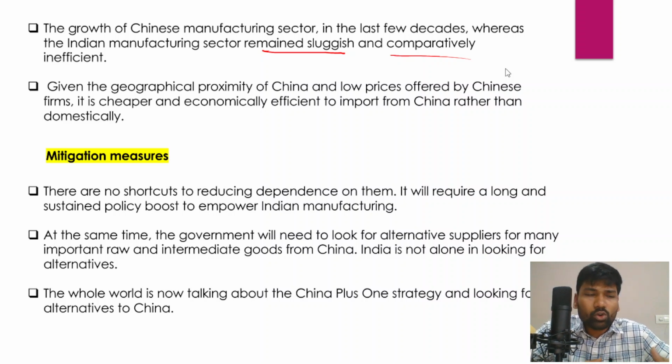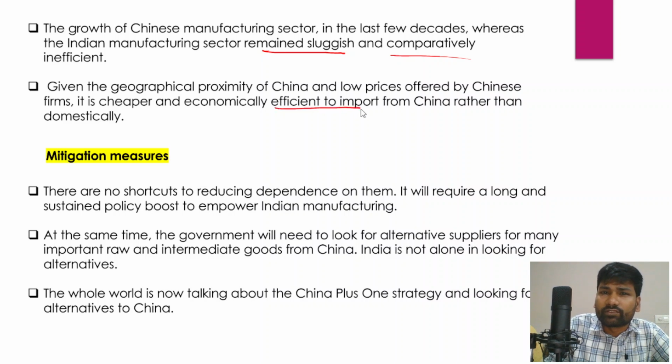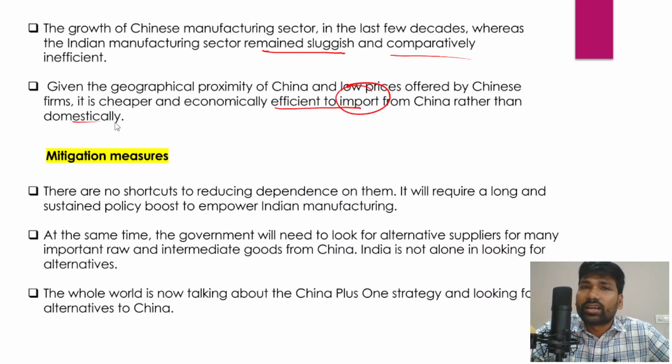Because of the very close geographical proximity between India and China and lower prices of Chinese goods, those Chinese goods are more competitive, cheaper and also economically efficient to import from China rather than producing domestically. So that is one reason because of which we have a huge trade deficit with China.